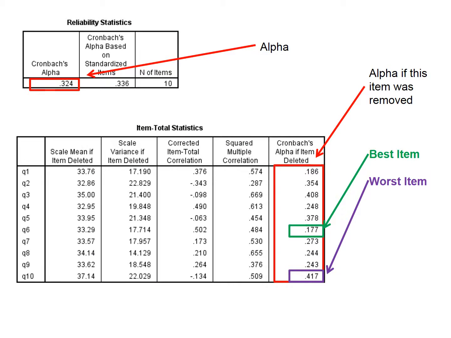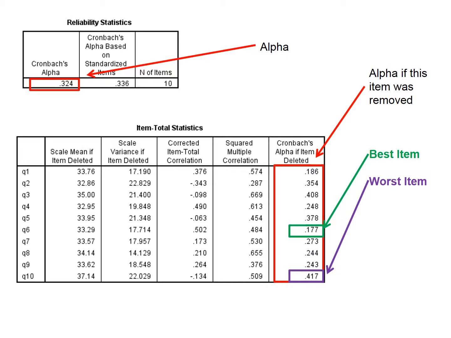Right here, I have an example of the SPSS readout. Just a reminder, the main thing we're interested in is that alpha. In this case, it's not very strong, 0.32. Remember, we want at least 0.7 or higher. But what we also get in the far right of the item total statistics is, for each individual question, what the alpha would be if we remove that item.